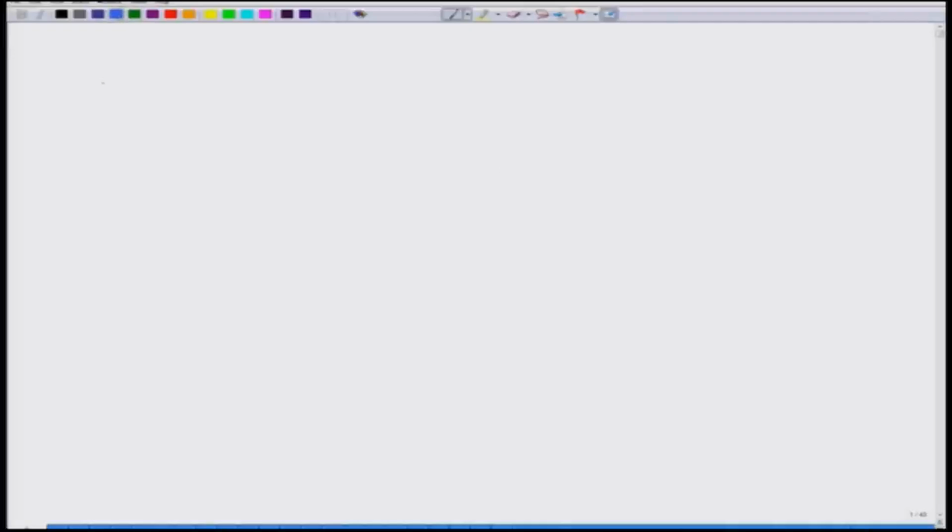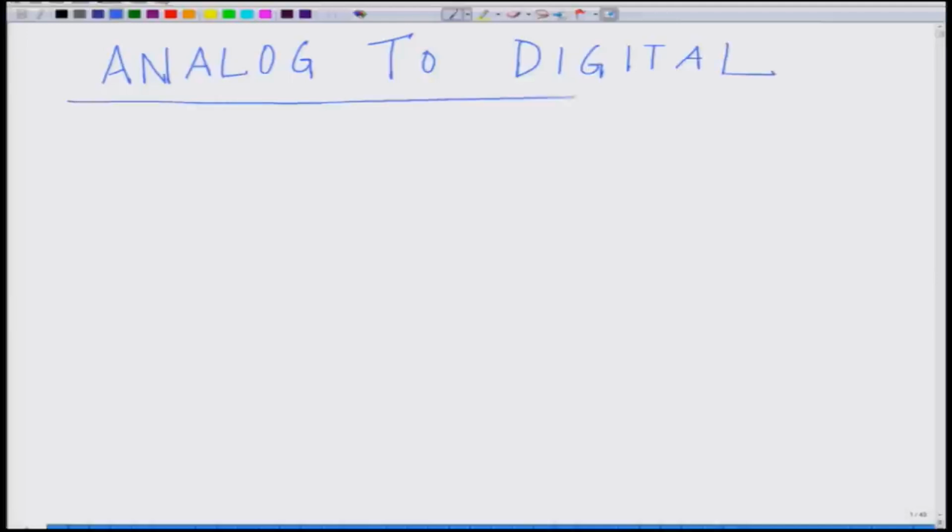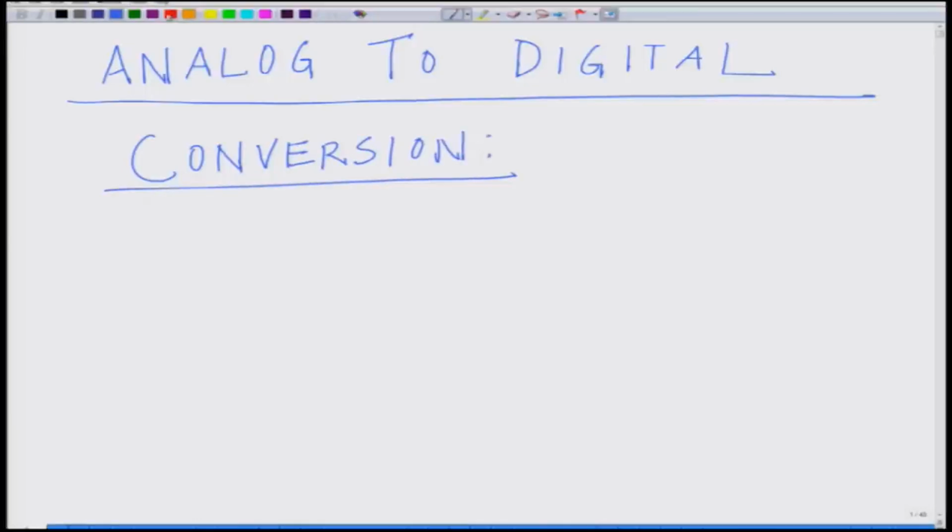We are going to start looking at analog to digital conversion, to convert an analog signal to a discrete signal, and the first step towards this is sampling.